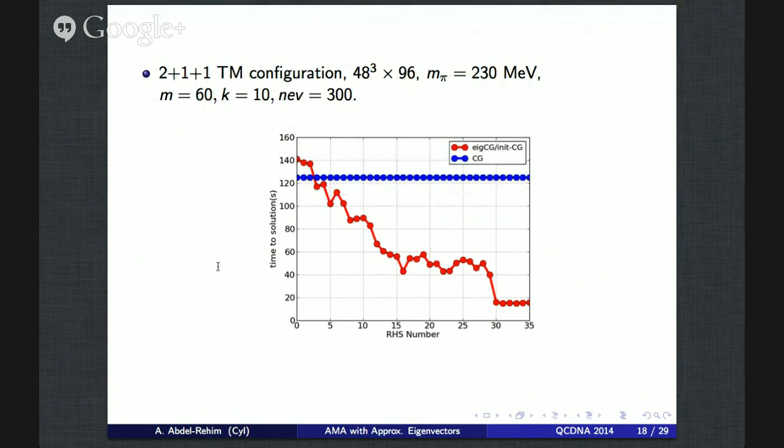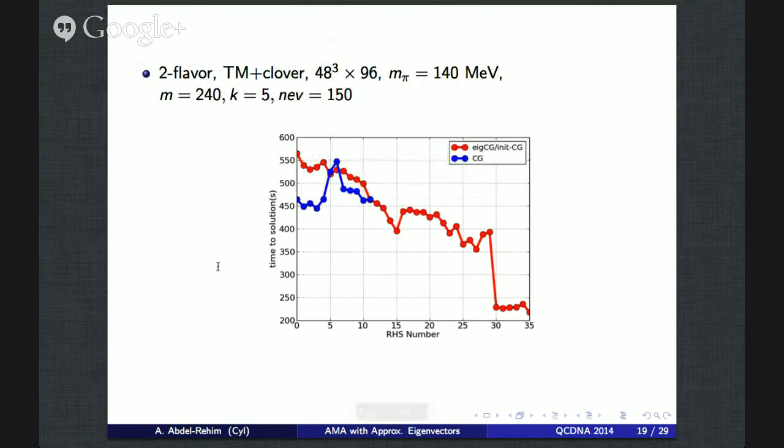This is also a test for the 2+1+1 configurations on a larger lattice at a lighter pion mass, which I will also use in the tests that come later for the all-mode averaging method. In this case, we also find a very nice speed up for eigCG in terms of the time to solution.